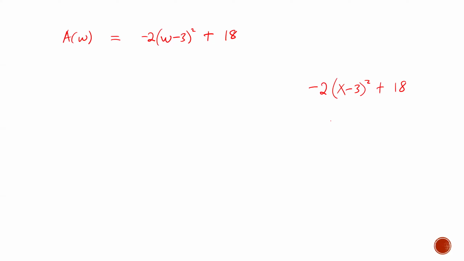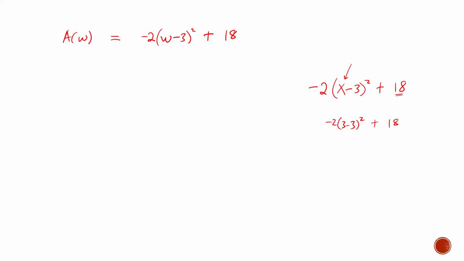Because when x is 3, this becomes minus 2 times 3 minus 3, which is 0 squared, so this is all 0, and you're just left with 18. But for any other number in place of x, you'll never get a number bigger than 18.